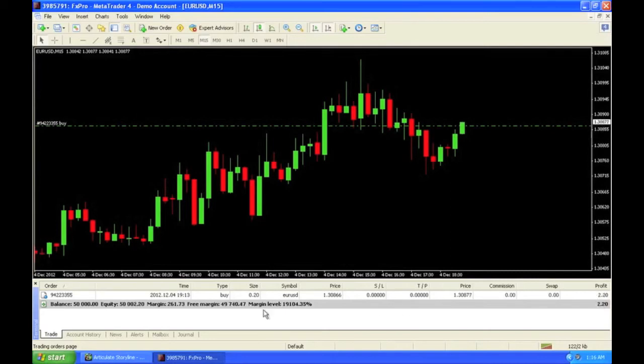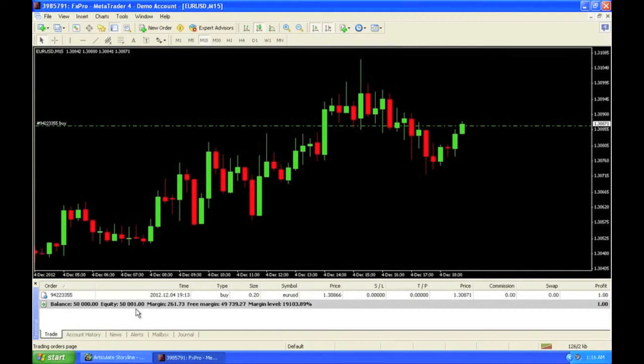Now, over here you'll see your balance. Your balance is 50,000. There's another term called equity. Equity is basically your balance plus your profit and loss. Basically, your equity means if I were to close right now, this is what I will have in my balance.